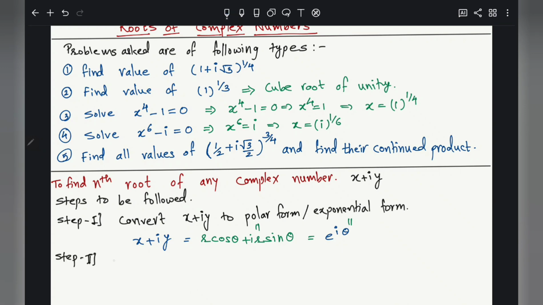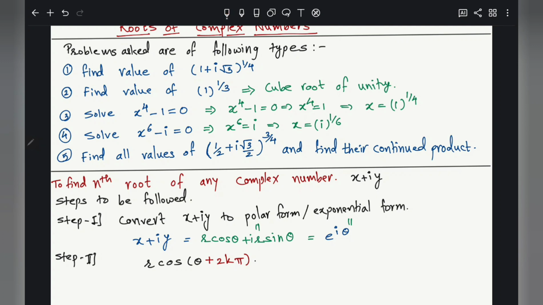So step 2, which is very important, what we need to do is we need to write this complex number, this theta which we have got, we need to generalize it. Generalize means we have to add 2k pi. Okay, you know that in theta if we add any 2 pi rotation, then we are going to get the same value. That is called a generalized theta.